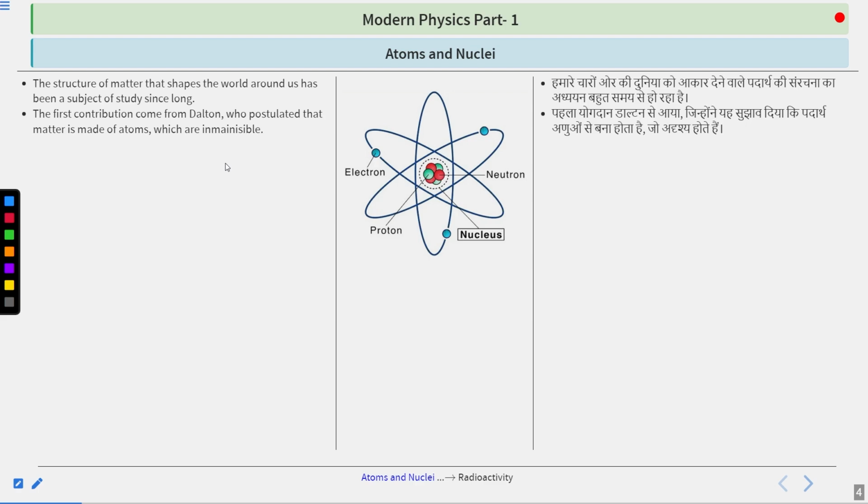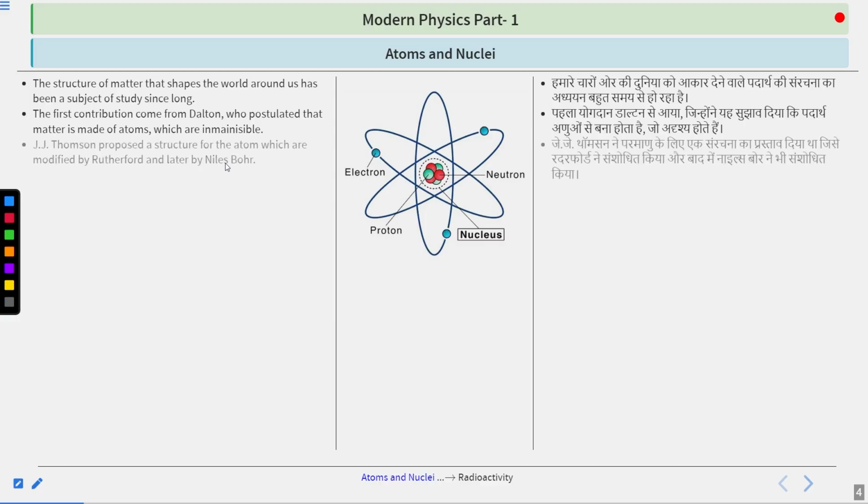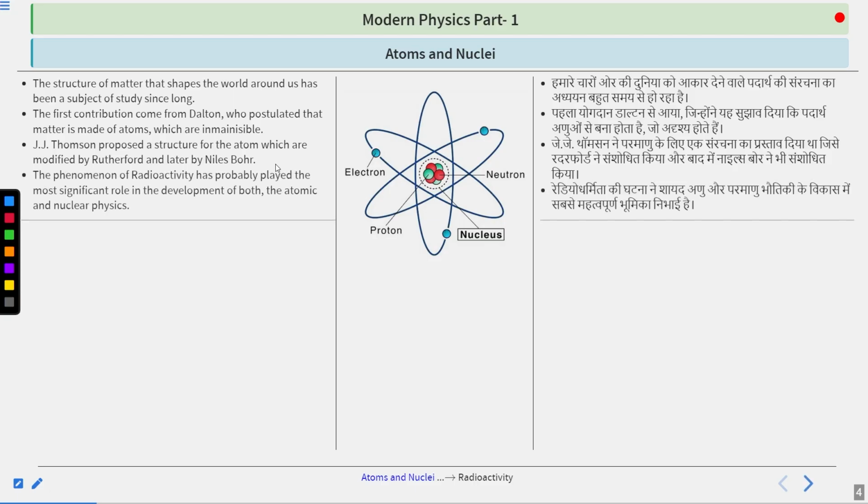The first contribution in this actually came from Dalton, who postulated that matter is made of atoms which are indivisible. J.J. Thomson, secondly, proposed a structure of the atom, which was modified by Rutherford and later by Niels Bohr. The phenomenon of radioactivity has probably played the most significant role in the development of both atomic and nuclear physics.